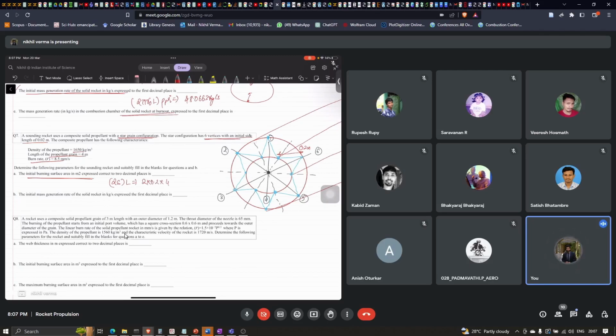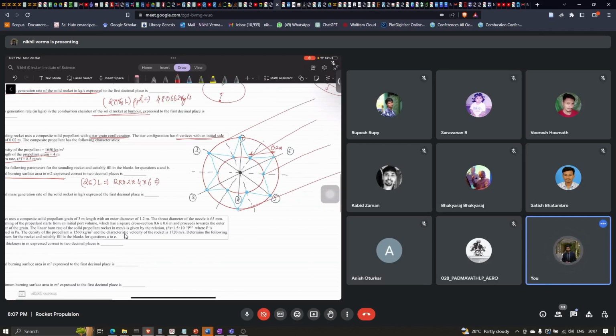The number of sides we have not multiplied. 2 into number of sides, so this is into 6, because of 0.2 we have 2 of such sides that makes 1 vertex, and there are 6 vertices and this is the length, so this is 0.96 meter square.